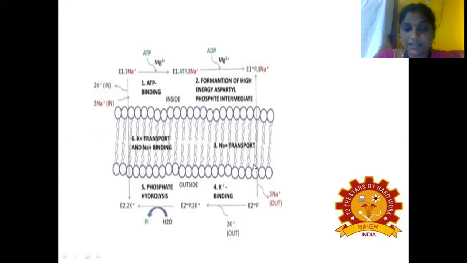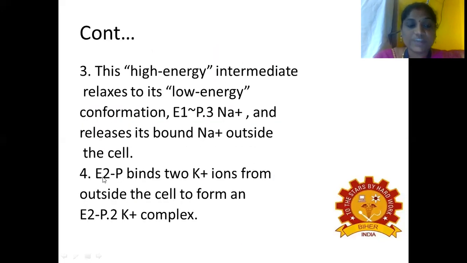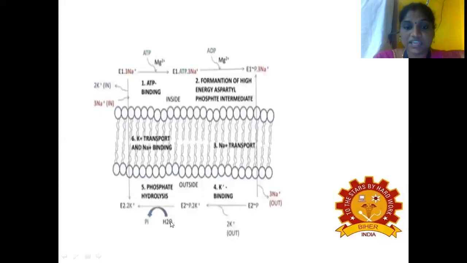Now it is the turn of E2. E2P binds two potassium ions from outside the cell to form an E2P.2K complex.